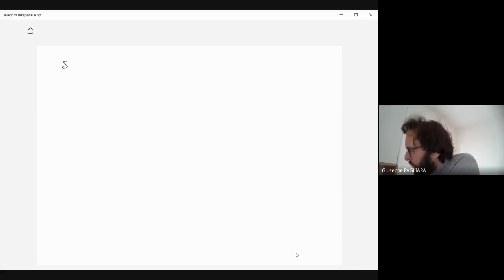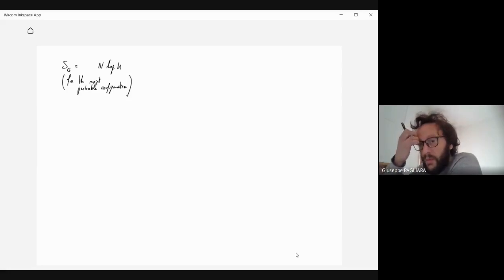And now if I compute the Gibbs or Shannon entropy associated with the most probable configuration, then I have to do minus n sum over 1 over k log of 1 over k, which at the end provides basically n log k. This calculation was done last time. So exactly the Boltzmann entropy.